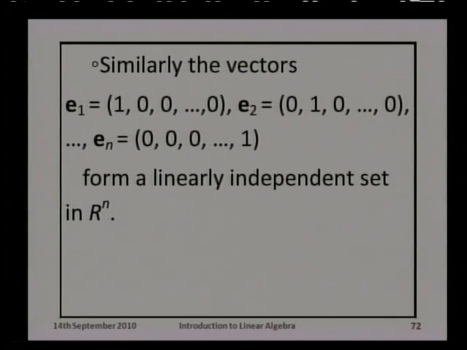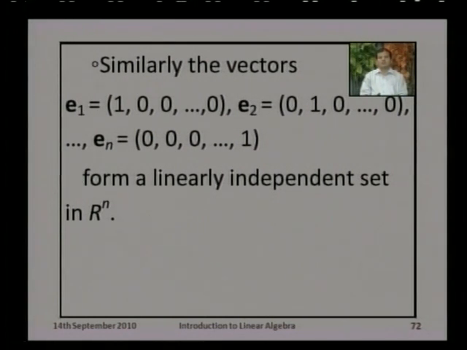Similarly, in Rn we have n vectors, namely we can denote them as E1, E2, up to En. E1 is the n-tuple 1, 0, 0, with all other elements 0. E2 has the second coordinate 1 and the rest are 0. En has the nth coordinate 1 and the rest are 0.